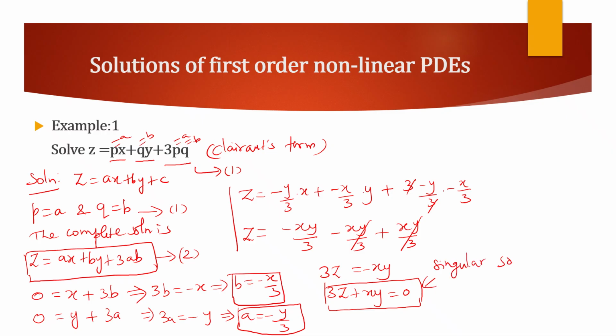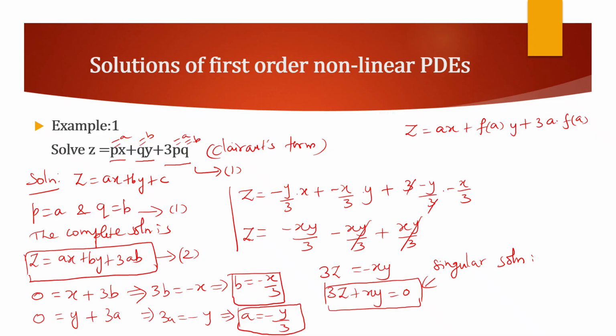And for finding the general solution, we take b as a function of a. We have to take one constant as a function of the other. So if we take z as ax plus b, with b taken as f of a, then it is f of a into y plus 3 into a into f of a, if you take b as f of a in the complete solution.